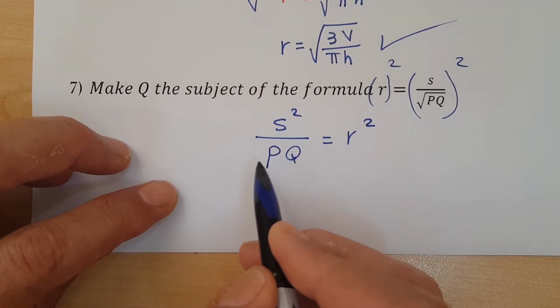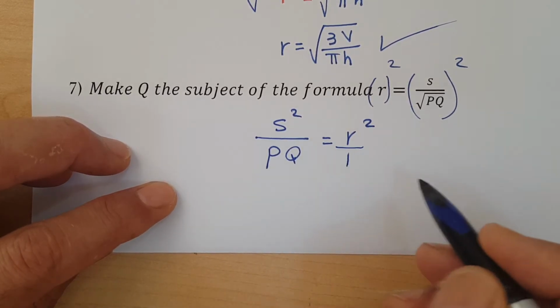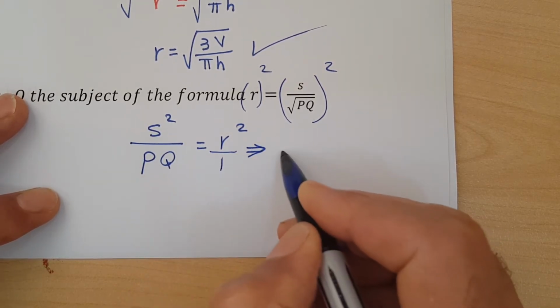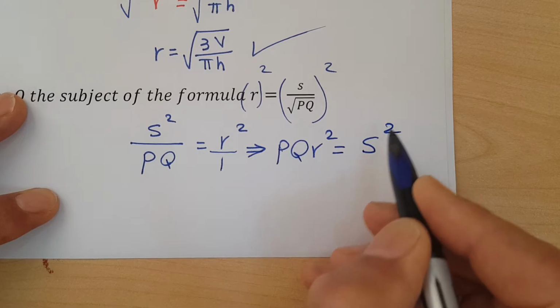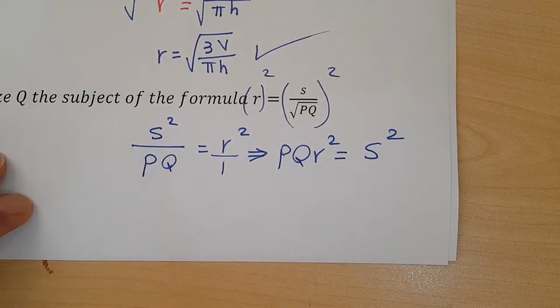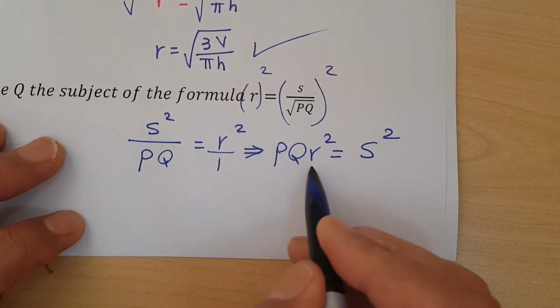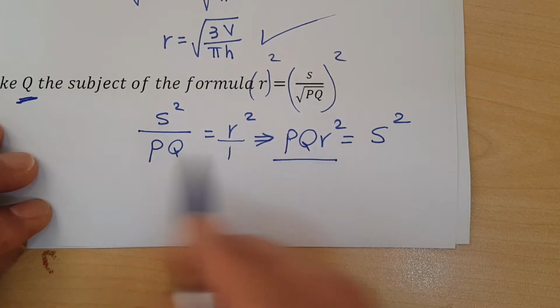We don't have a radical sign. I can multiply now. Look, the q here, you can make a cross multiplication. I think it's easier. So p q r squared is equal to s squared. Product of means equals product of extremes, as you see here. After that, you divide by, look, go to the question. I want to make q the subject.